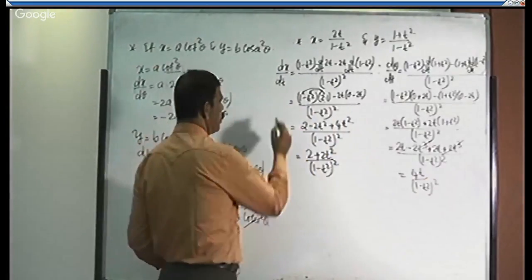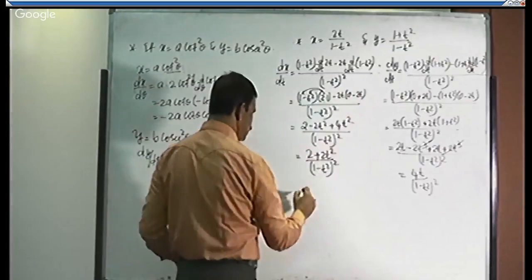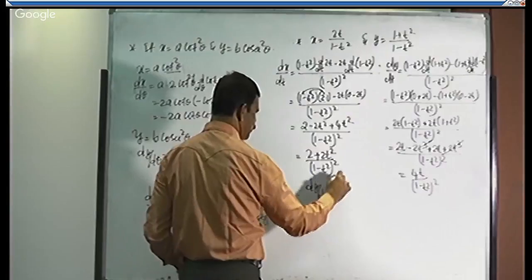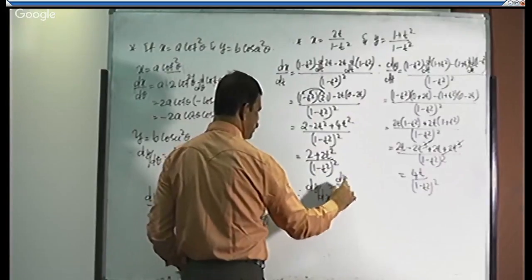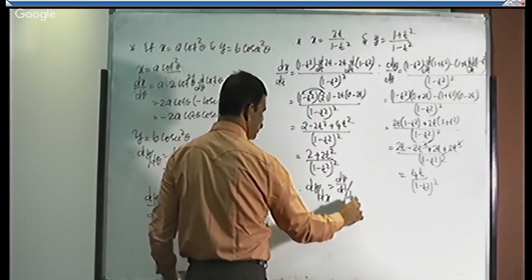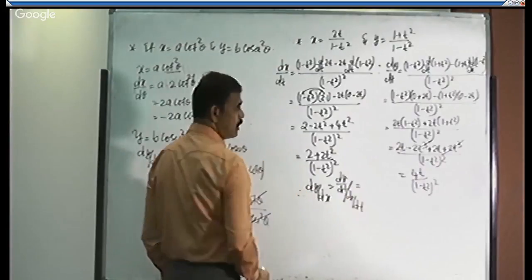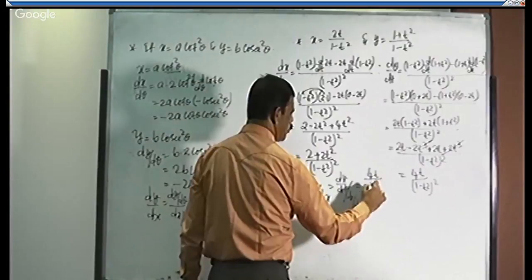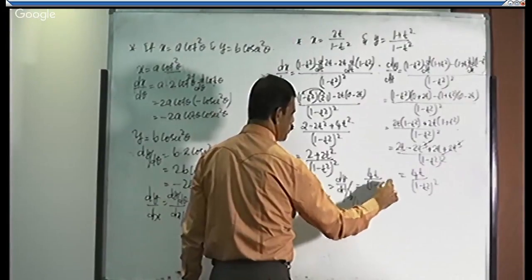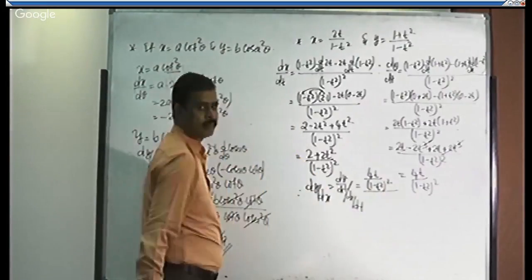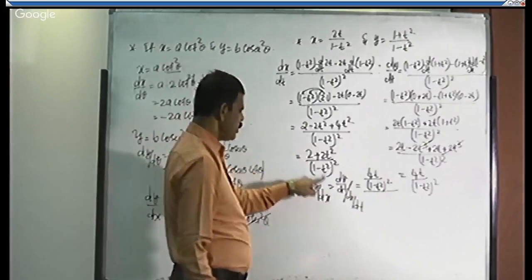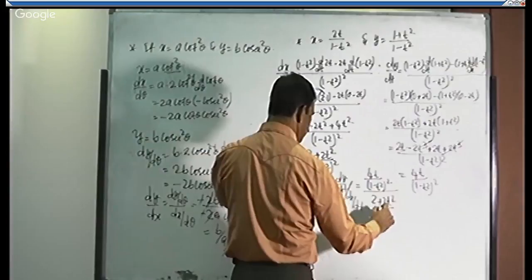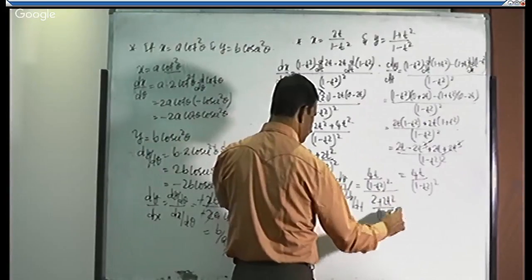We got dx by dt and dy by dt. Therefore, get dy by dx. It is dy by dt divided by dx by dt. dy by dt is 4t by 1 minus t square whole square, all divided by dx by dt, which is 2 plus 2t square divided by 1 minus t square whole square.